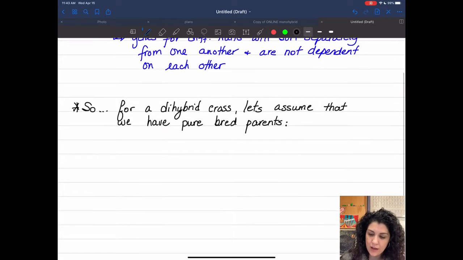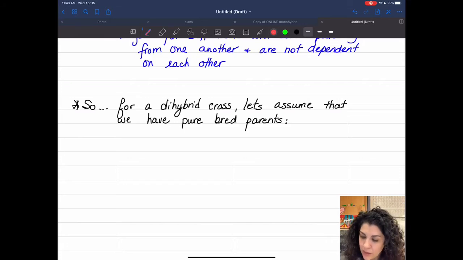So I'm going to do my little legend here. Big B is going to be brown eyes, and that's dominant. Little b is blue eyes.